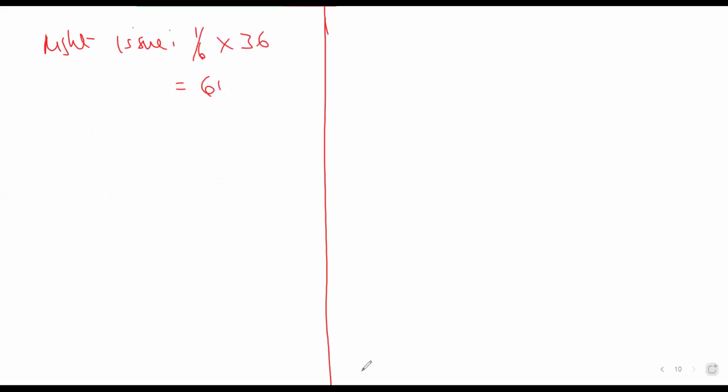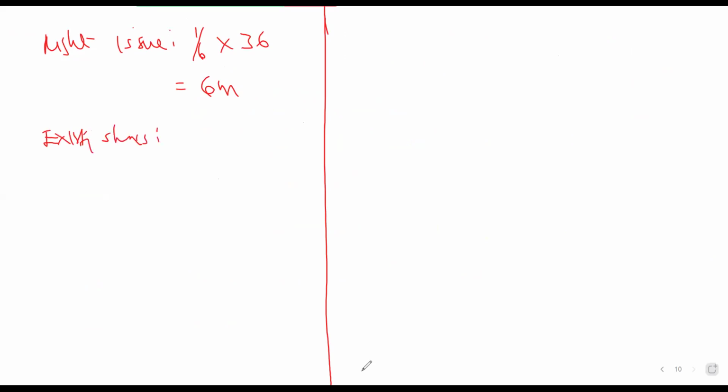So let's go to the right issue there. I will just do the two for you so that you pick the one that you like. The right issue will be made on the shares in existence before the right issue. So 1/6 multiplied by 36 gives us 6 million. Let's find the theoretical ex-rights price.